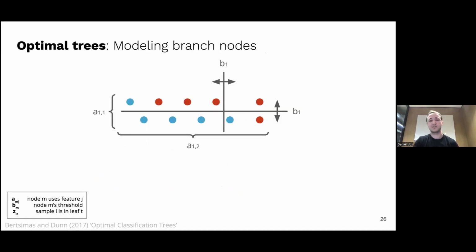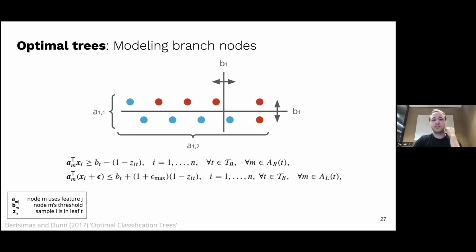And how they model these branch nodes is through variables A and B. Sorry, by the way, I'm just sketching this idea. It's not very important to know the exact details, but we have variables A that decide which feature to use, and we have variables B to decide what threshold value we're going to use. And they use these constraints, which essentially force leaves to 0 if a sample follows a certain path, and otherwise do not constrain the Z.